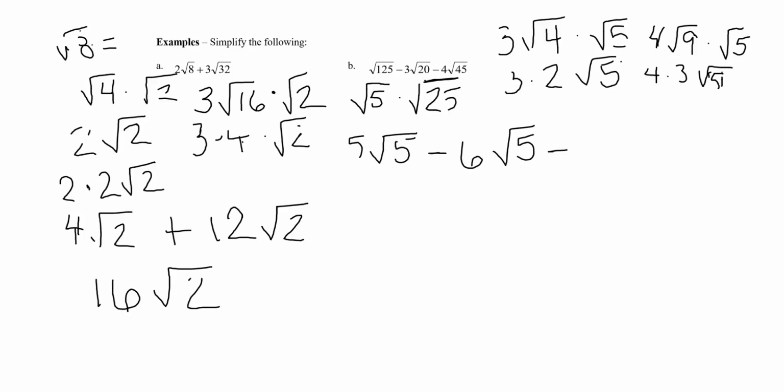So we're going to have 4 times 3 is 12. And we'll have square root of 5. Okay. Now, if you notice, all of our radicals are the same. So I can go ahead and do the subtraction. 5 minus 6 is negative 1. Negative 1 minus 12 will give me a negative 13 square root 5. And that's my final answer.